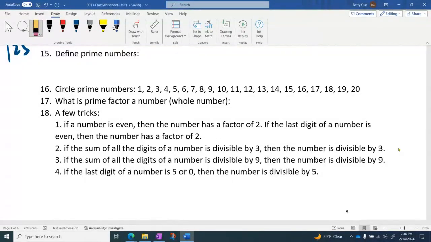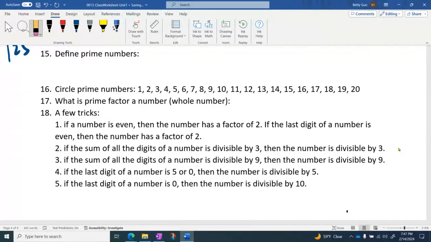And last one, if the last digit of a number is a 0, then the number is divisible by 10.